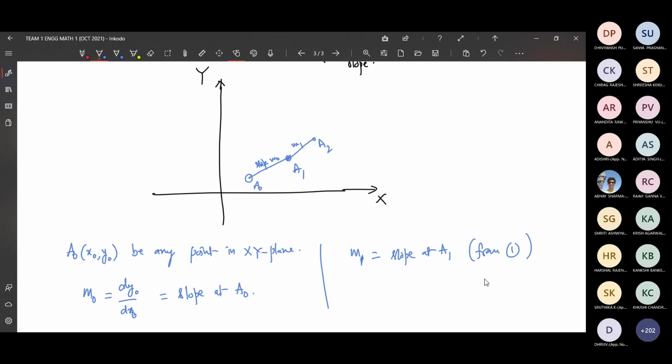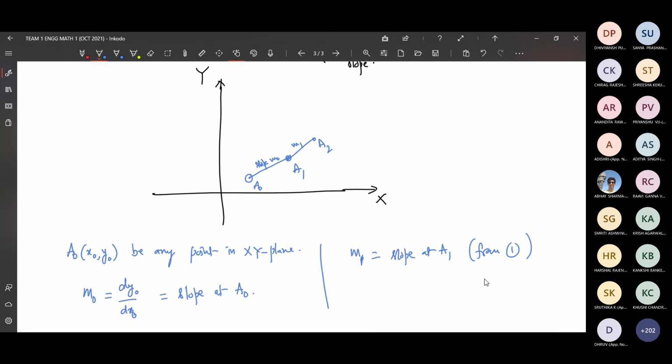So what exactly is happening? A0 you have taken as any point in the xy plane, and calculate the slope at this point. With that slope m0 you take a neighboring point A1. Again find out m1, which is nothing but the slope at this new point A1.